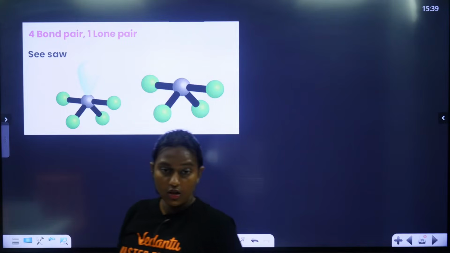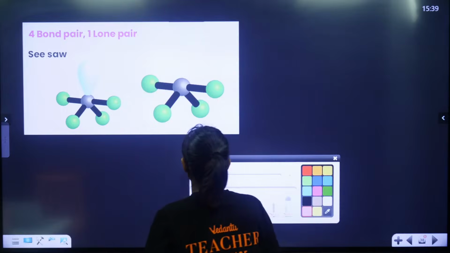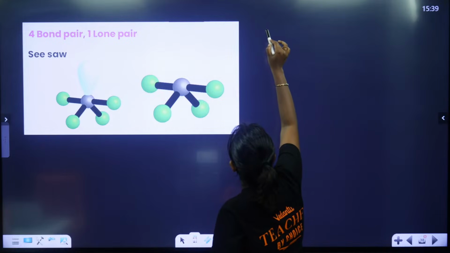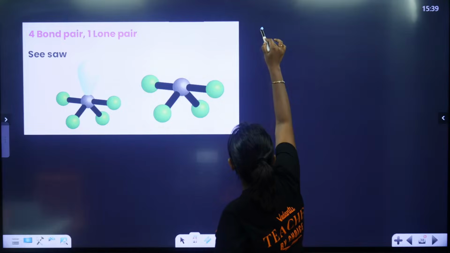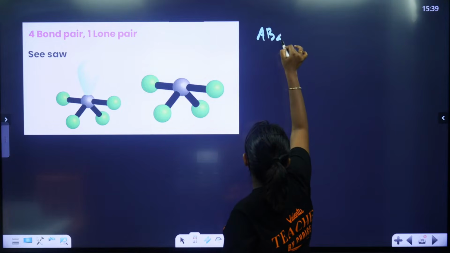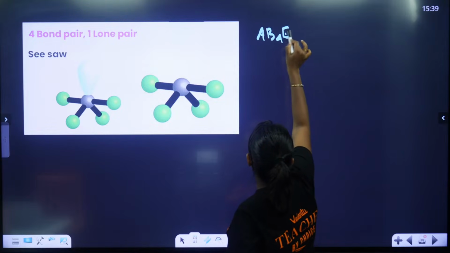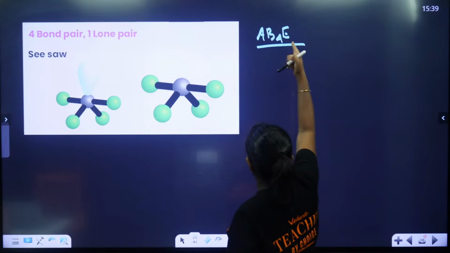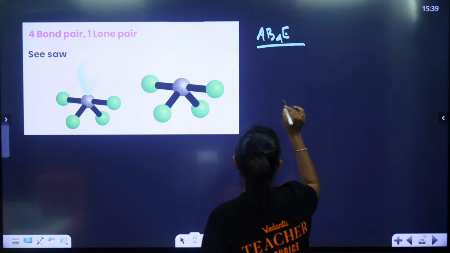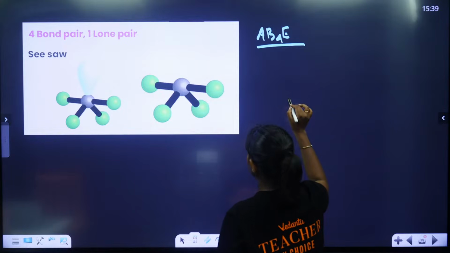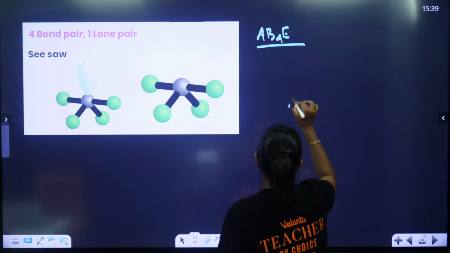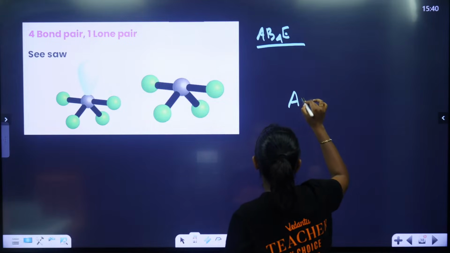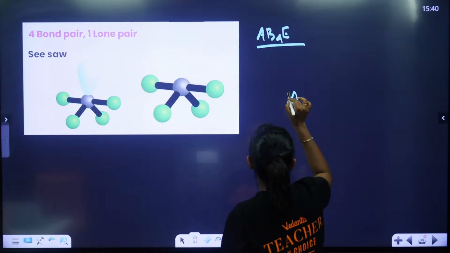Next, bond pair is 4 and lone pair is 1. So I am writing AB4E. What does AB4E mean? Lone pair is 1 and bond pair is 4. So what is the structure? The structure is A, like this.